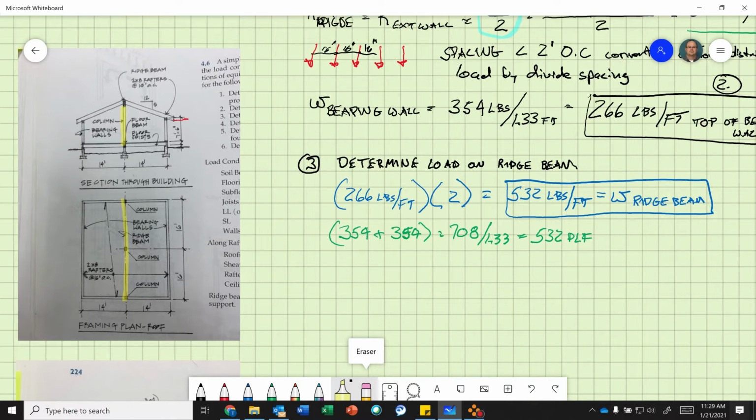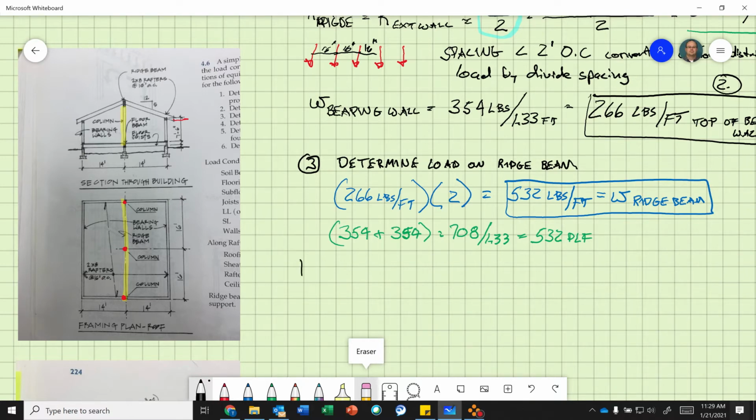So those supports, this is the key. There is a support right here, there is a support right there, and there is a support right there underneath that ridge beam. So that means that's where my reaction points are, where the columns are. So let's draw that free body diagram.